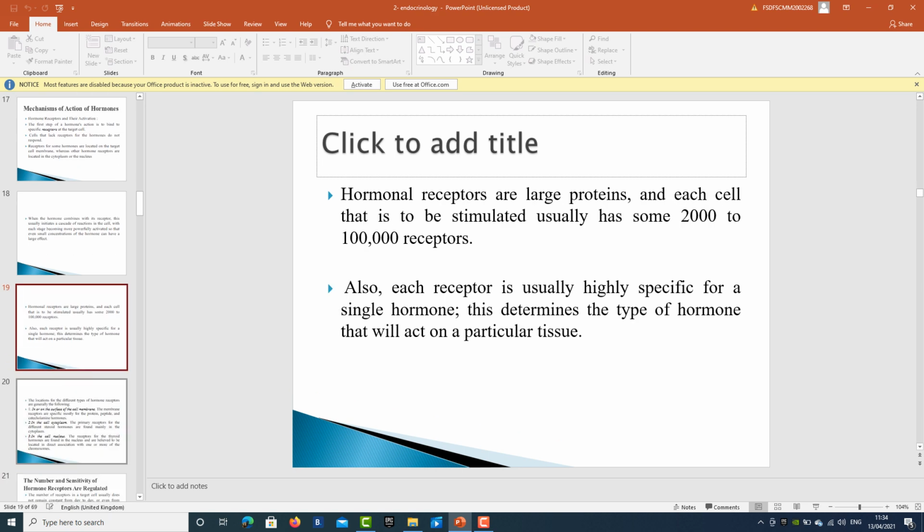Hormonal receptors are large proteins, and each cell that is to be stimulated usually has some 2000 to 100,000 receptors. Also, each receptor is usually highly specific for a single hormone, and this determines the type of hormone that will act on a particular tissue.